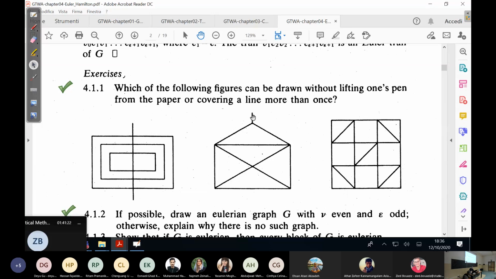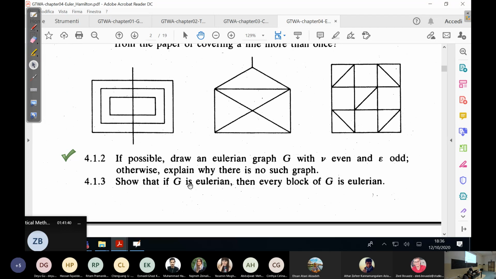If we take out this, then we have an Euler trail, okay? And here, look for yourself whether it's possible or not possible to have an Euler trail or an Euler tour here, okay?